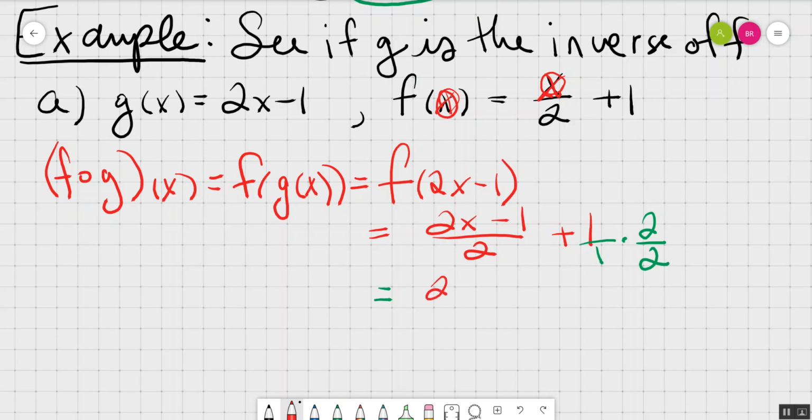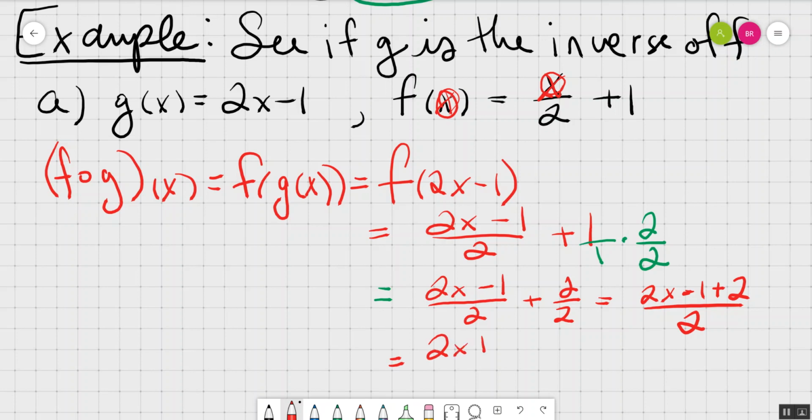So over here I'm going to have 2x minus 1 over 2 plus 2 over 2. Let's add those together. So I'll have 2x minus 1 plus 2, all over 2. So I've combined their numerators. And then negative 1 plus 2 is going to give me 2x plus 1 over 2.